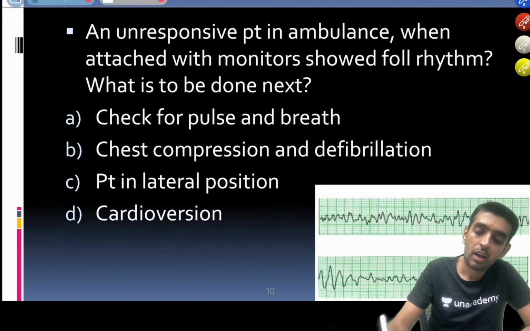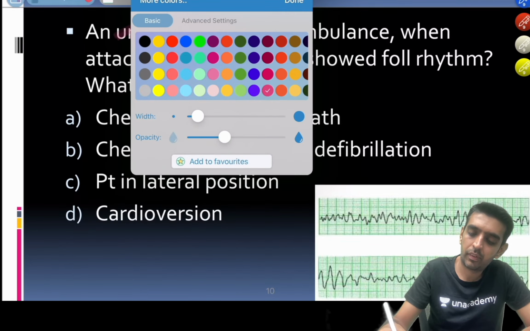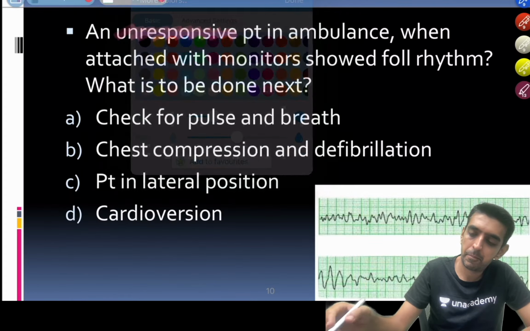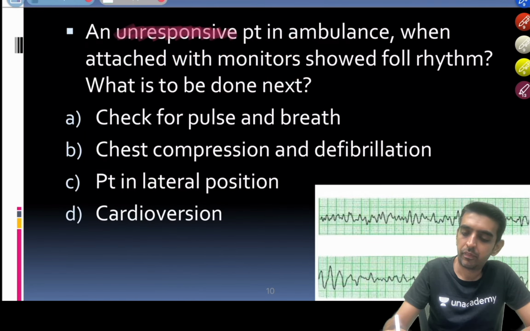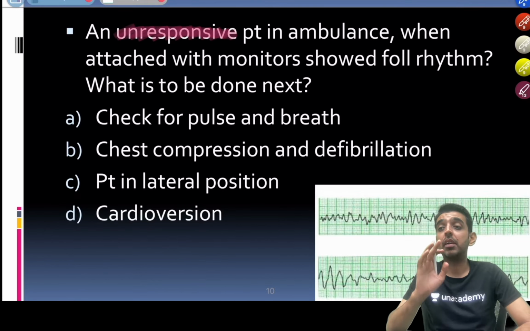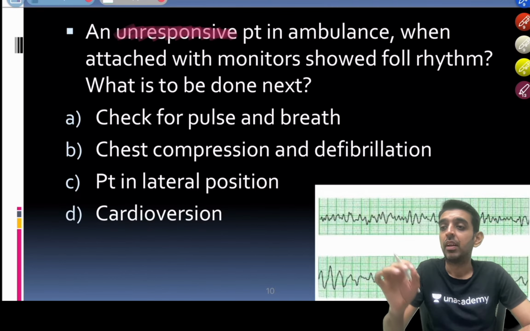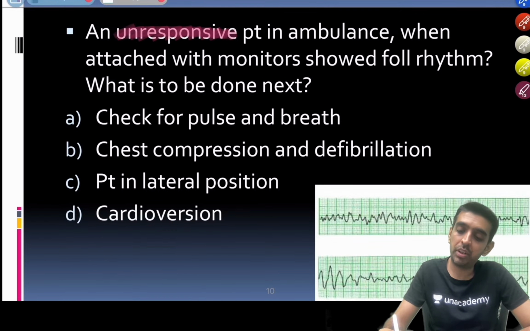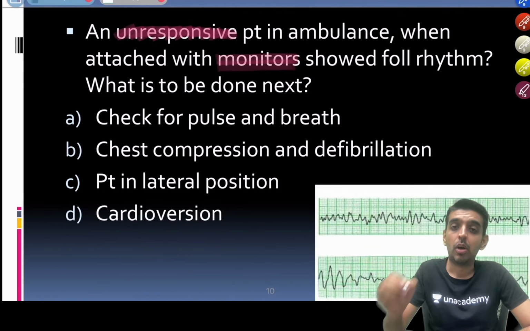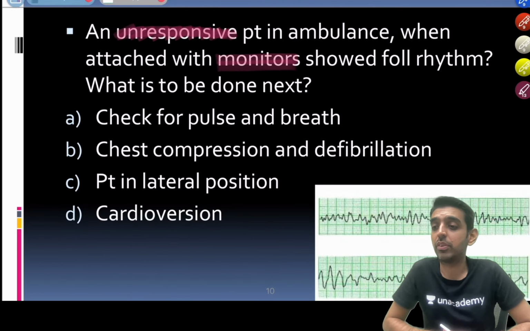Patient is unresponsive, right? Already in ambulance and monitors are attached, right? Monitors are attached. What are we supposed to do?